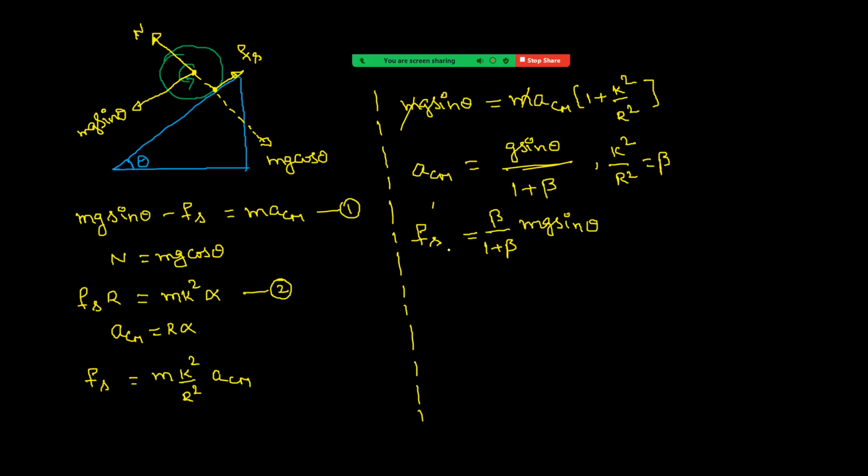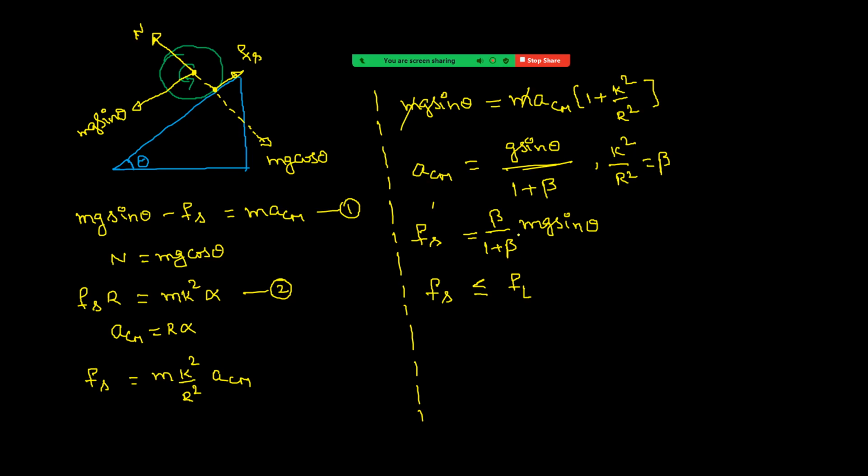This static friction should be less than or equal to limiting friction, because we have learned that static friction is self-adjusting. Its range is from 0 up to the limiting value.